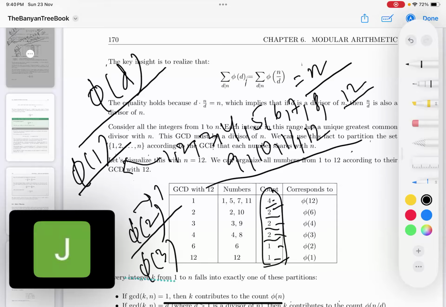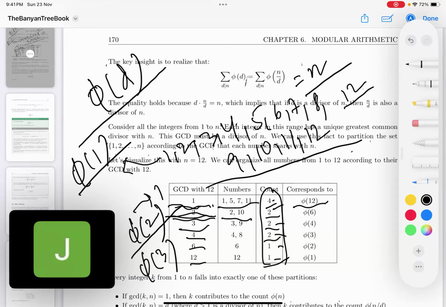Why is this happening? It is happening because of the numbers co-prime to 12. So now let's look at this. All the numbers which are co-prime to 12 are these. All the numbers which have a GCD of 2 with 12 are these.